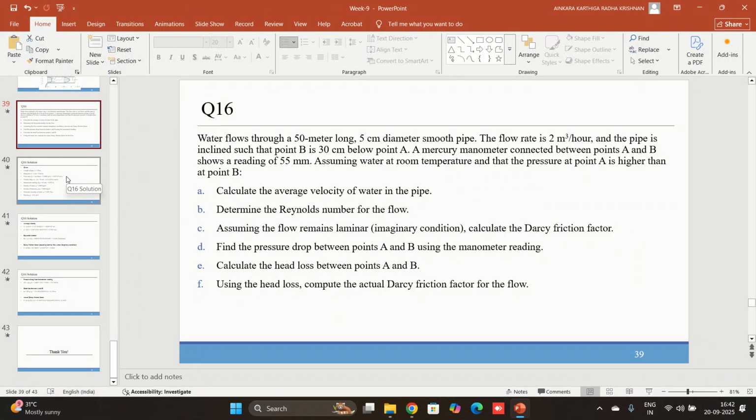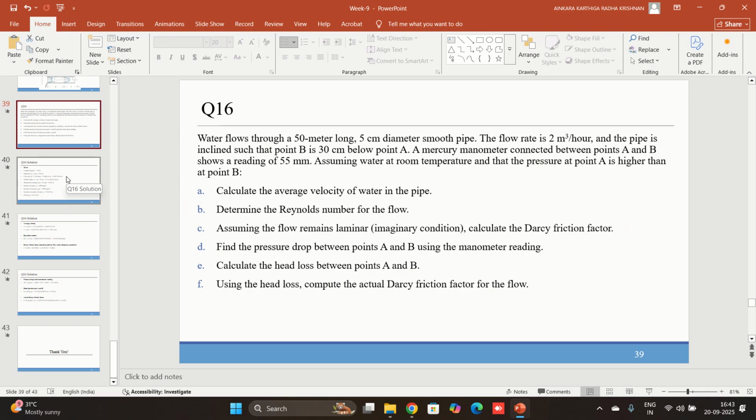So velocity will be volumetric flow rate divided by cross sectional area, and Reynolds number is Re equal to rho V d by mu. When we are talking about a cylindrical pipe, d will be the diameter of the pipe, and V is the average velocity, rho and mu are the fluid properties.